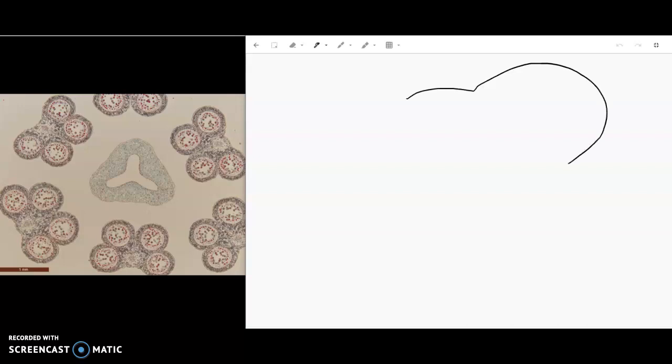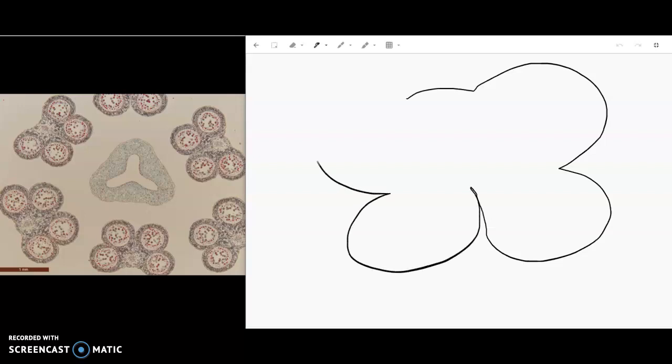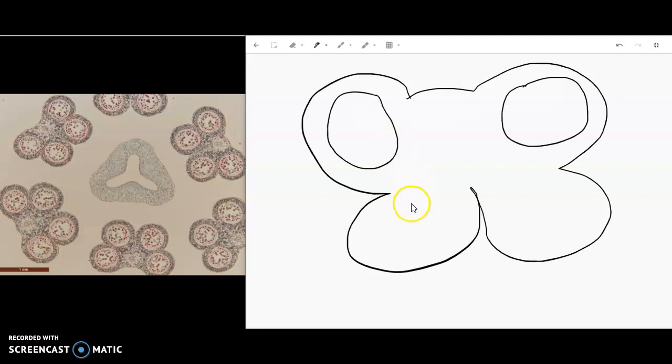They have the microsporangia in the middle there, and then the filament poking out, and that microsporophyll is just wrapped right around the microsporangium, giving 4 chambers, and then some special tissue in here, the filament.